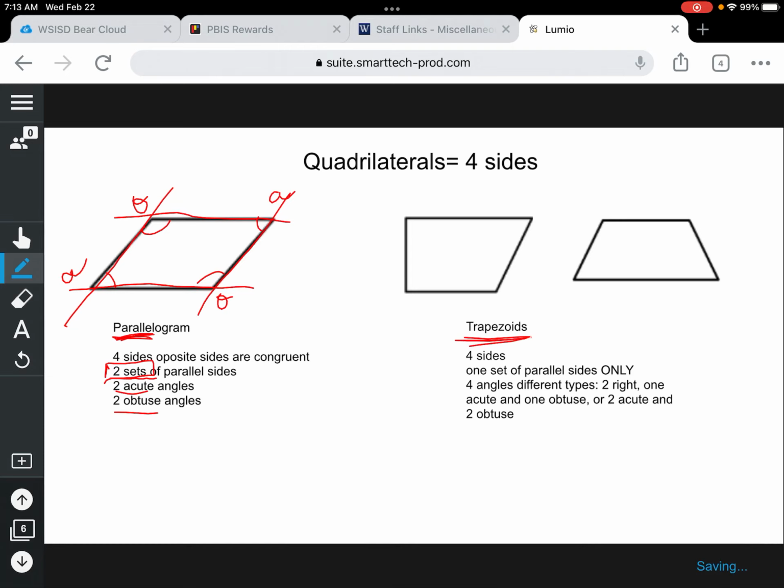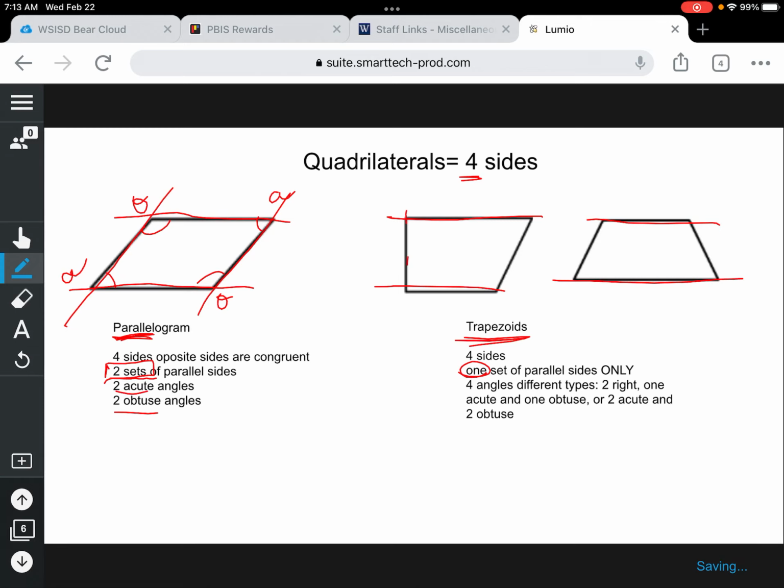Trapezoids are the odd ones out because they do have four sides like any quadrilateral, but they have different shapes. They have only one set of parallel sides. So different than the parallelogram, rectangle, and square, the trapezoids have only one set of parallel sides. These are parallel.